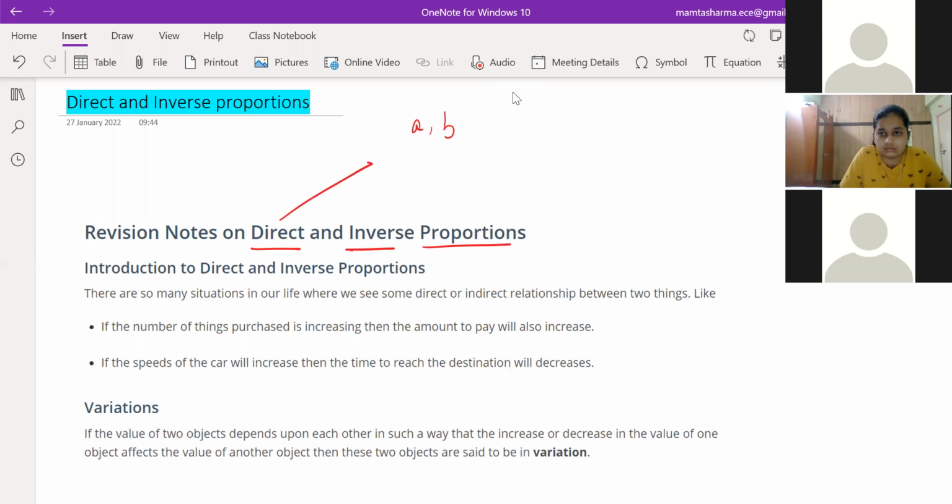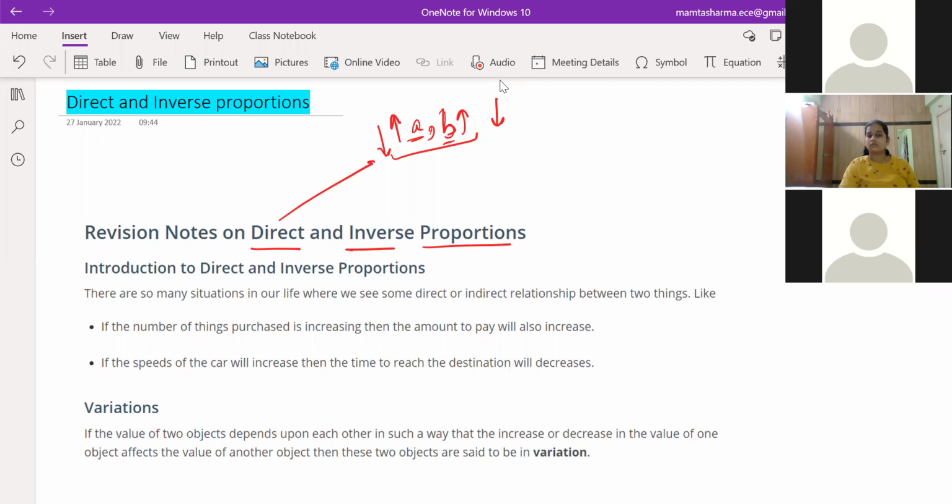In the direct variation, if one quantity, let's say A, increases, the other one, B, would increase. Or if B increases, A will increase. The increment occurs at the same time. If one quantity decreases, the other will also decrease.